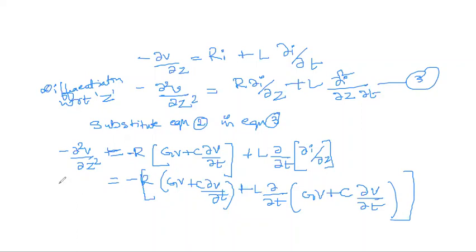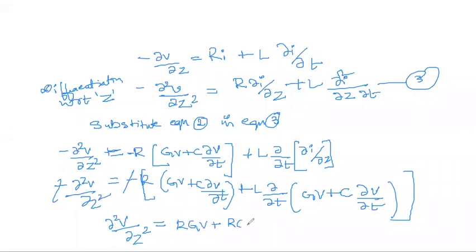Any confusions, please tell me. ∂²V/∂z²: this negative will cancel. So you have ∂²V/∂z² equal to, multiplying this, RGV plus RC ∂V/∂t plus LG ∂V/∂t, because those are primary constants.